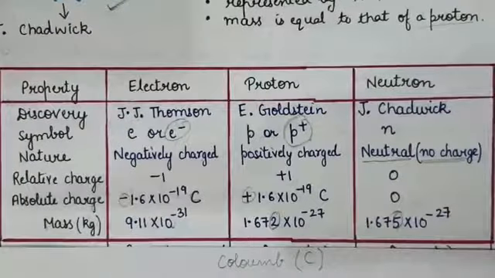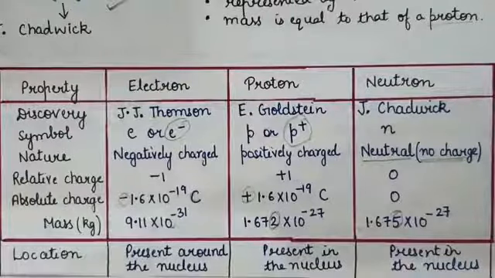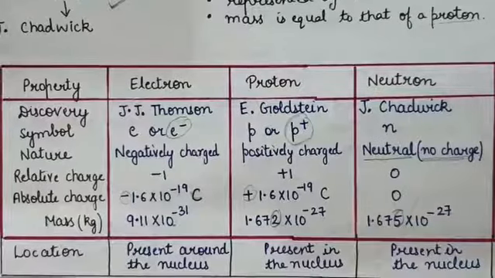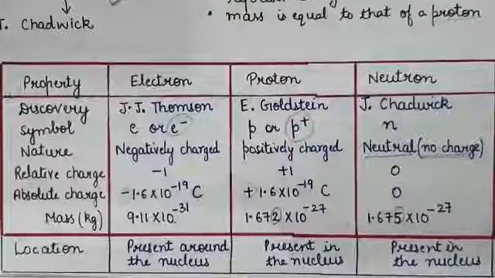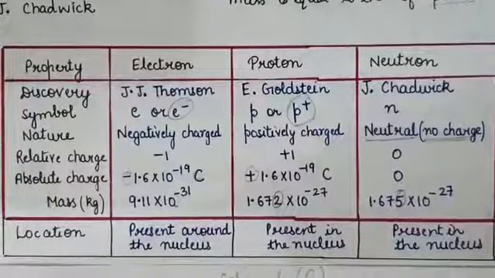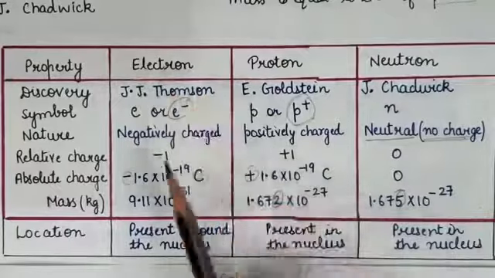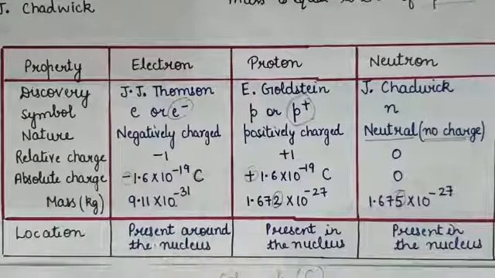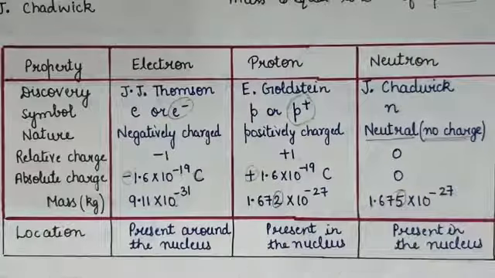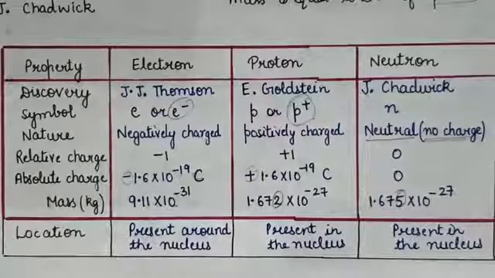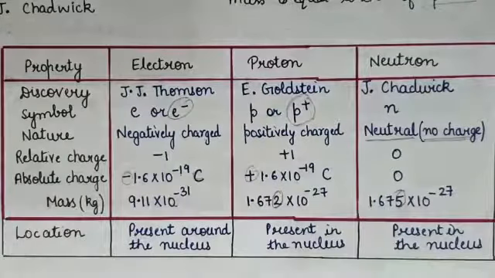There is one more difference about the location, meaning where these subatomic particles are found. Electron is found around the nucleus. Electron revolves around the nucleus.